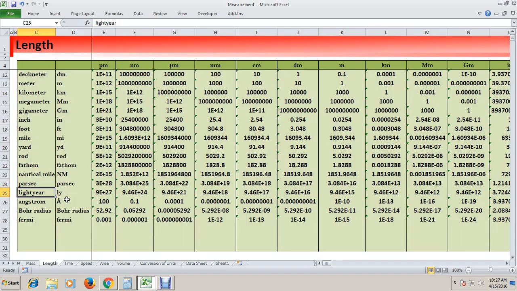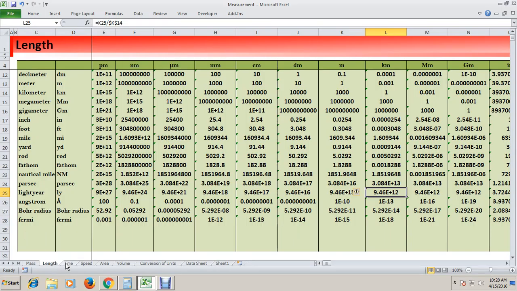It is the distance traveled by light in 1 year. In terms of kilometers, the number of kilometers for 1 light year is 9.46 times 10 to the positive 12. That means you have 946 followed by 10 zeros, which is the number of kilometers that light travels in a given year.